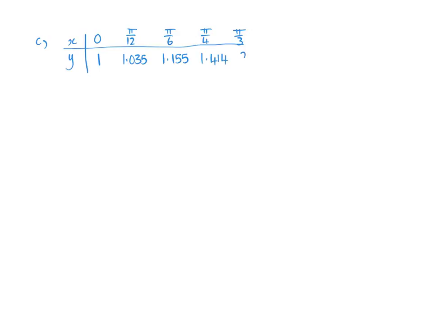So it's using your sec, but it's the 1 over cos function. So the integral, the area, is going to be approximately equal to a half of each of the strip widths, which is pi by 12, multiplied by the first ordinate, which is 1, plus the last one, which is 2, and then add on twice the middles.